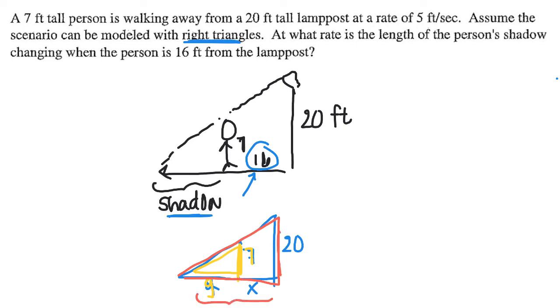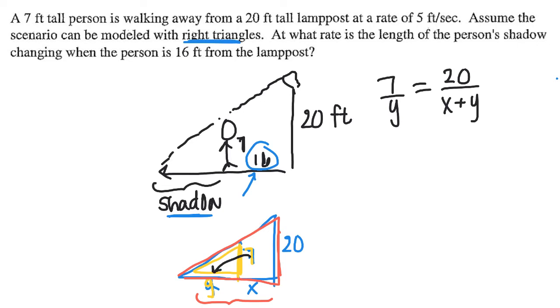It would be all of that. So if I wrote out a proportion, we would have 7 over y equal to 20 over x plus y. That makes sense because 7 is to that side length y, as 20 is to that entire big side.